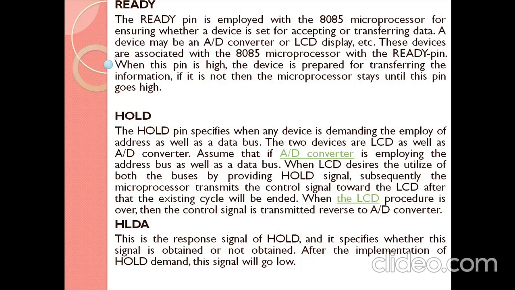After that, it will give an acknowledgement to the LCD. So hold means the peripheral device gives a request to the microprocessor to access the address bus and data bus. If they are free, the microprocessor will give an acknowledgement to the peripheral device.